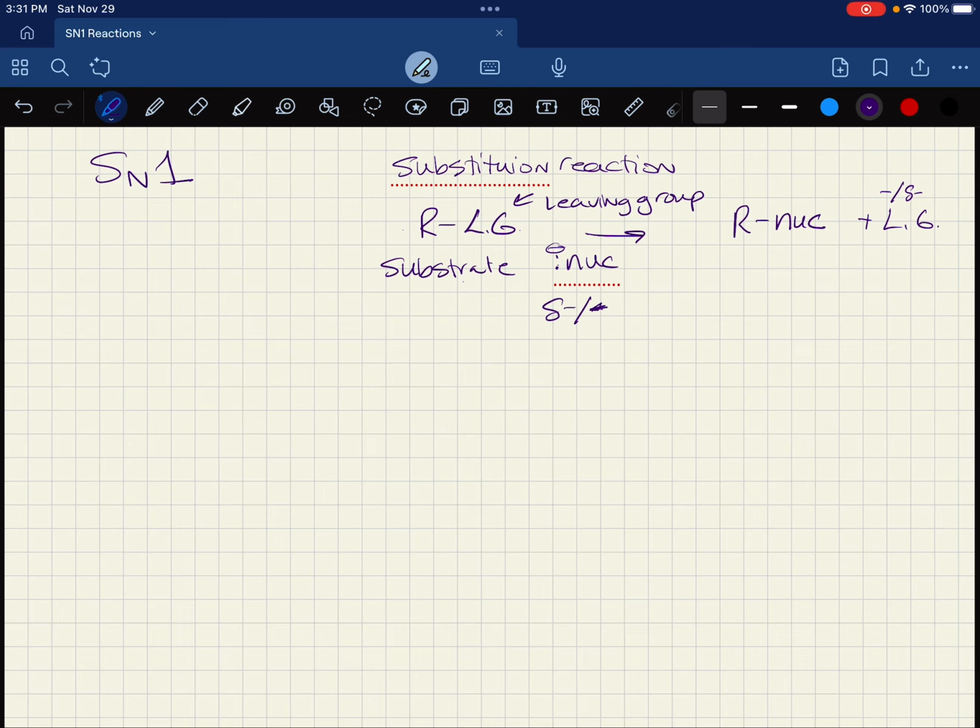The difference between SN1 and SN2 is how the reaction works in terms of the mechanism. So SN1 means nucleophilic unimolecular substitution.